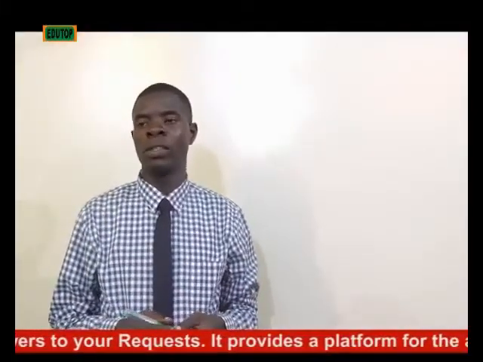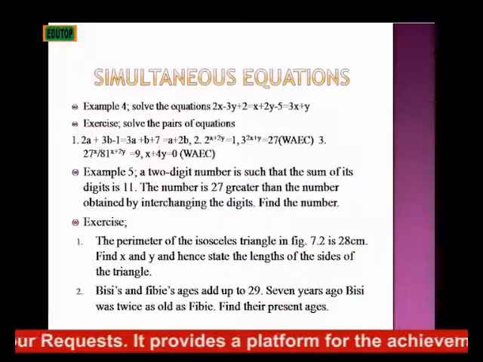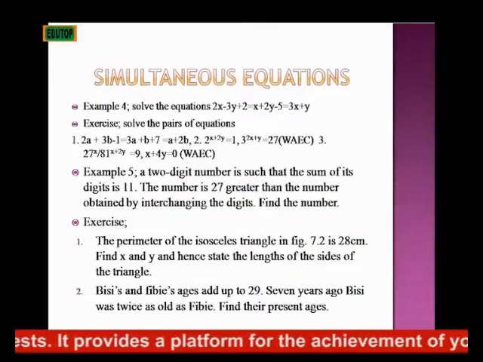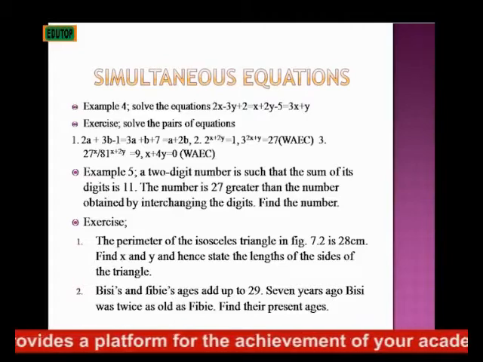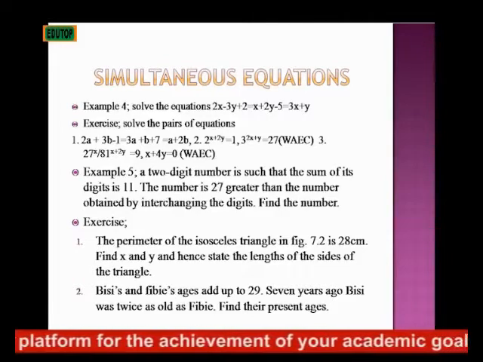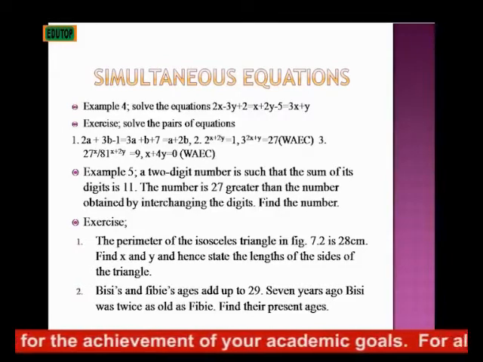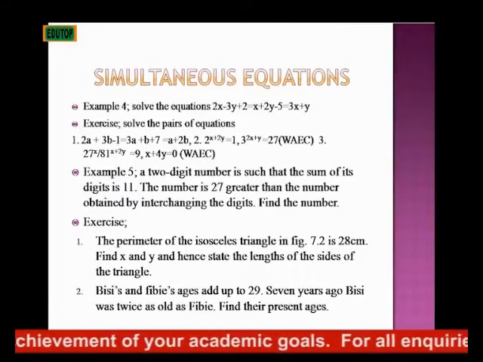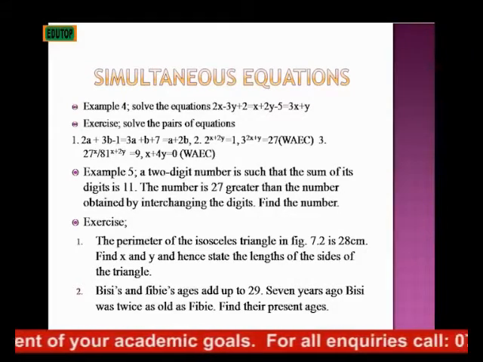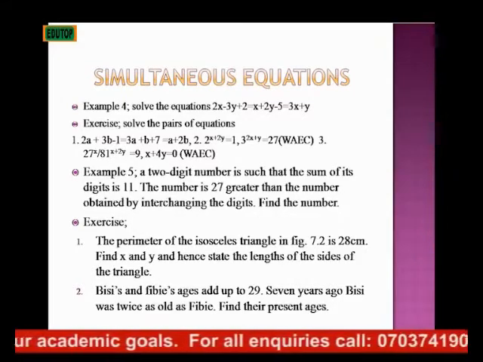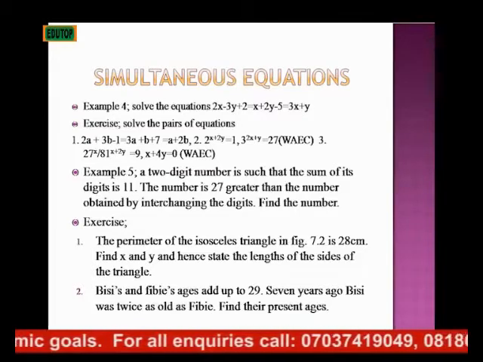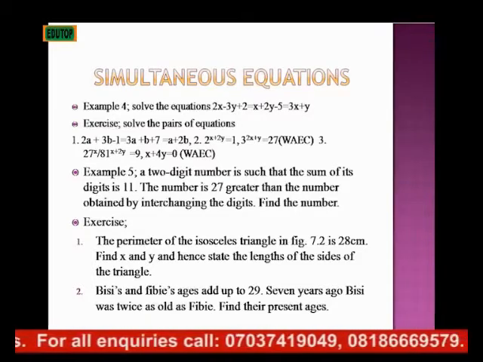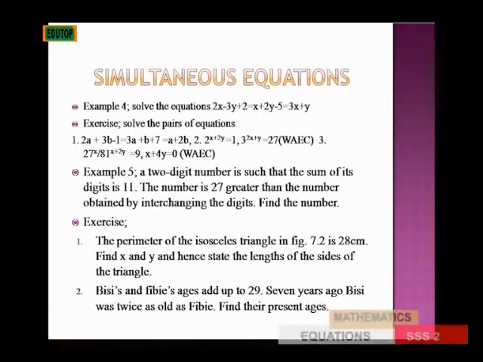Simultaneous equation, Example 5. This one has to do with word problem. A 2-digit number is such that the sum of its digits is 11. The number is 27 greater than the number obtained by interchanging the digits.